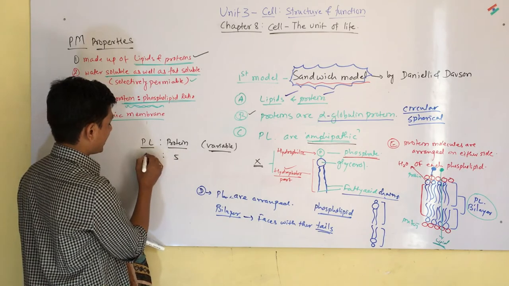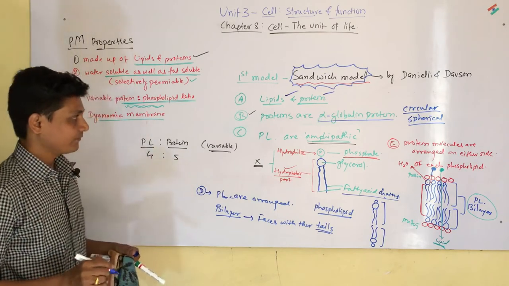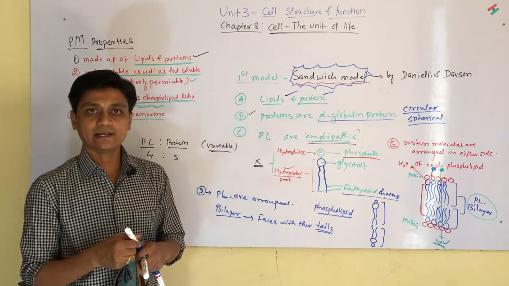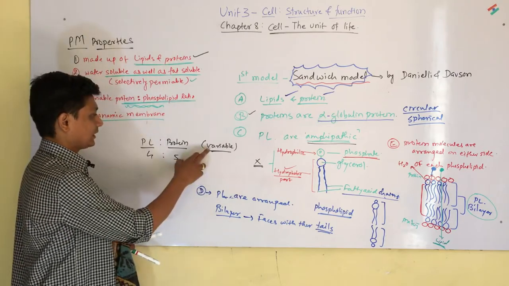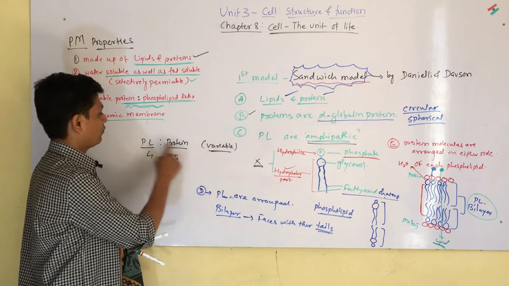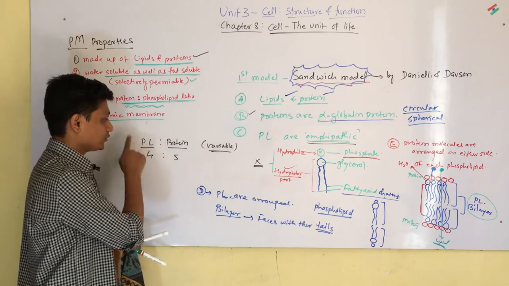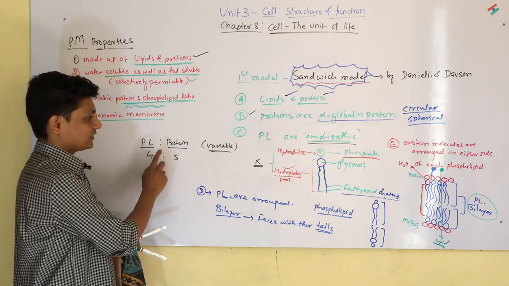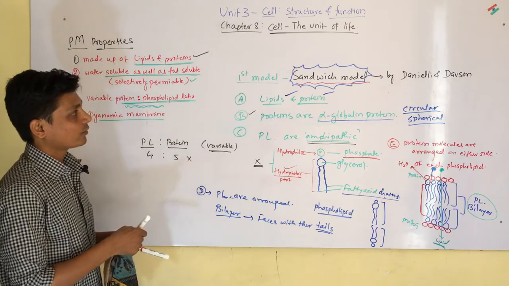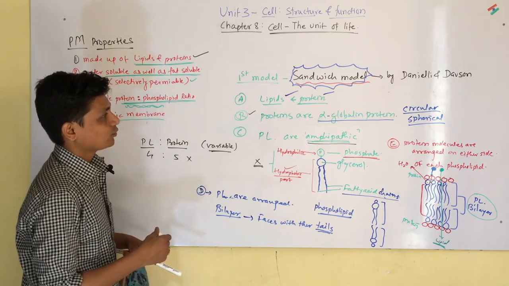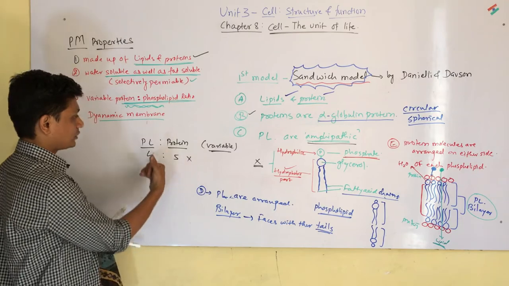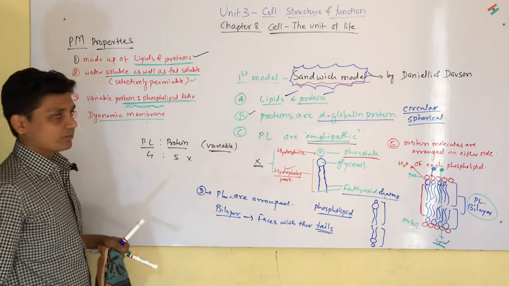According to Danielli and Davson, in their points they never mention that there is any change in the phospholipid to protein ratio. So this is the second point which could not be explained in their sandwich model. The third point which comes across is the dynamic membrane.